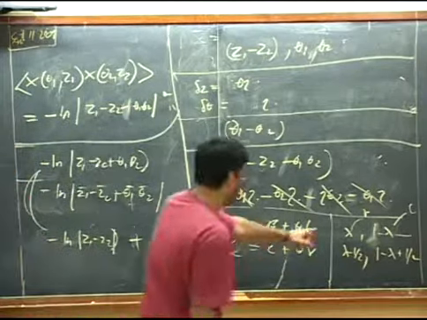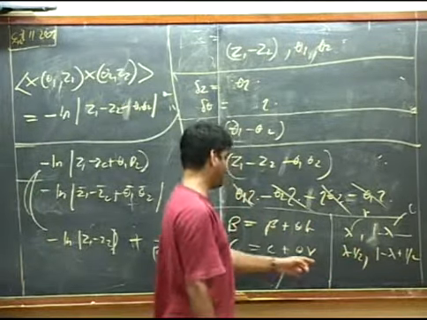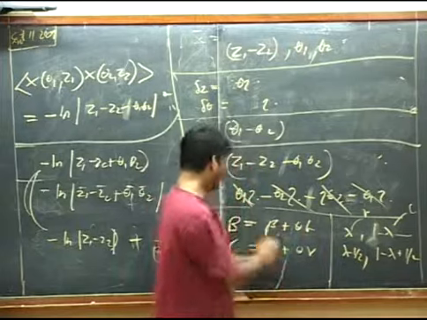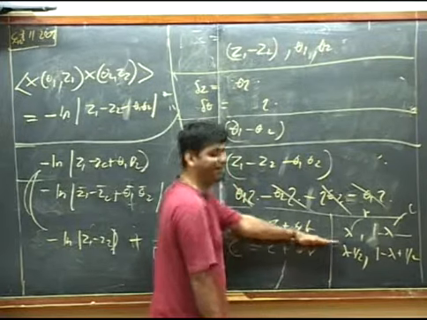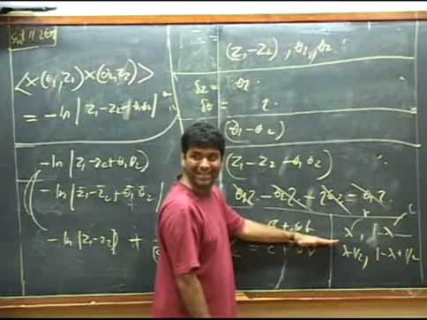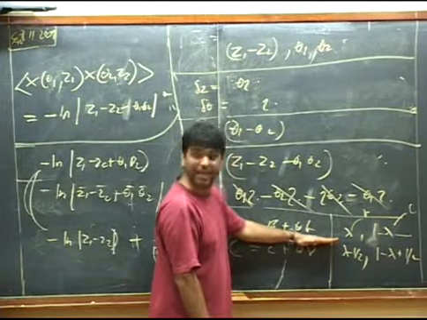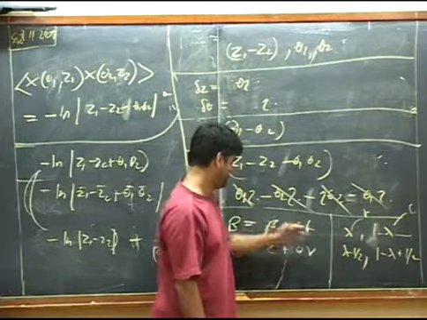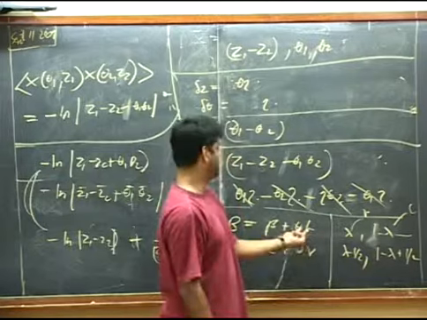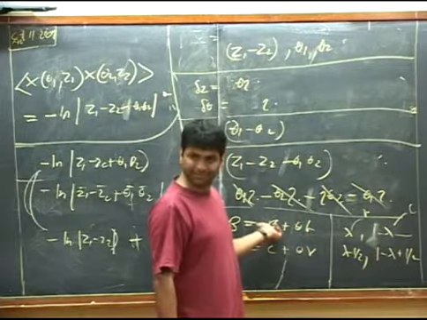Let's check whether that's true. So this whole object then has weight lambda minus half, because theta has weight minus half. So this object is weight lambda minus half.